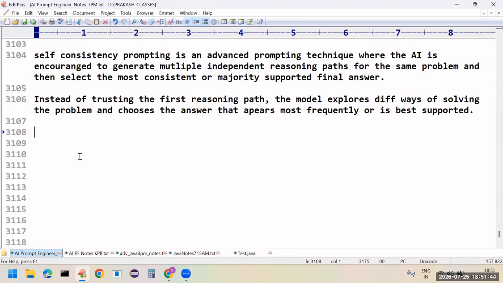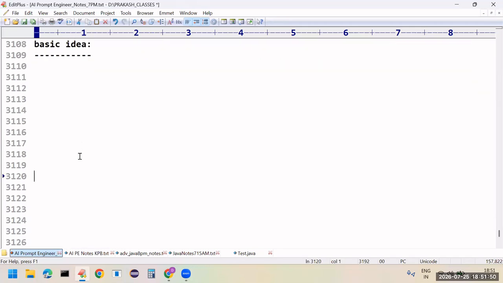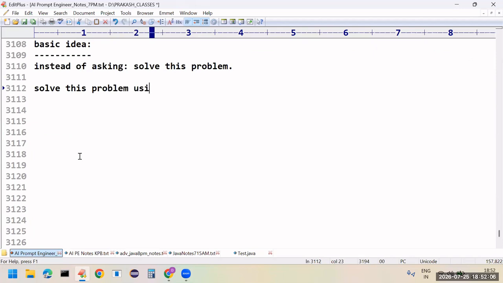Yeah. So, what is the basic idea? What is the basic skeleton? Very simple. Instead of asking to solve this problem, how will we ask? Solve this problem using multiple independent reasoning paths.